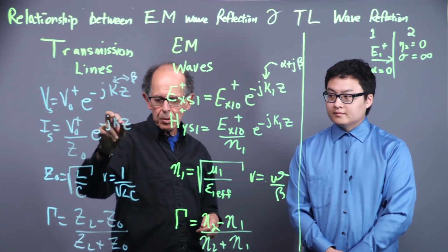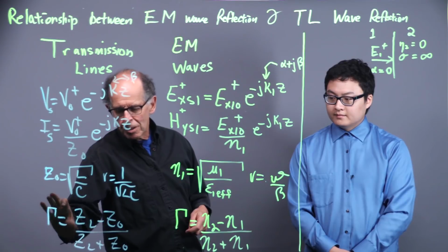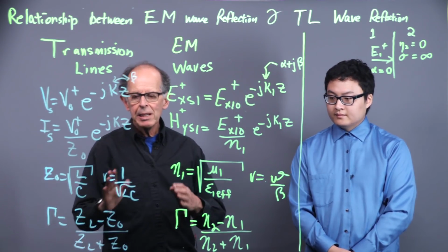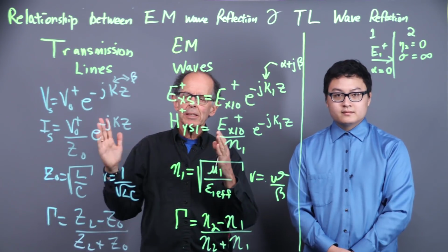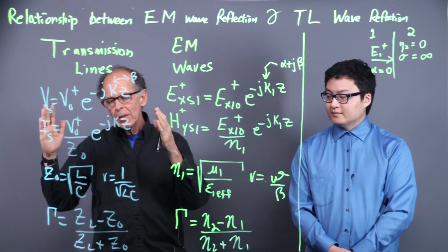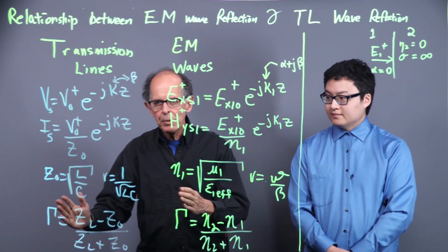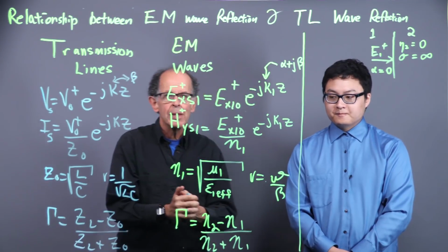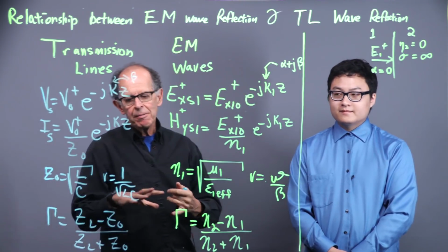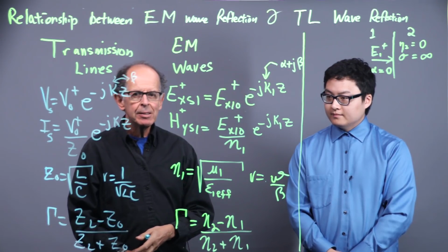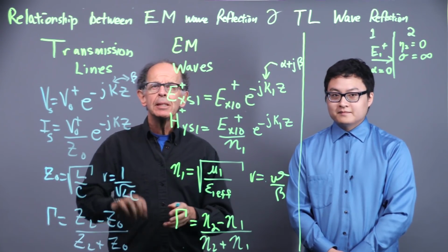So K was purely real, and we computed the reflection coefficient for the waves when there's a boundary between the line and the load, or between a line of one characteristic impedance and a line with another characteristic impedance. And we also got VSWR and, of course, our dear friend, the Smith chart.